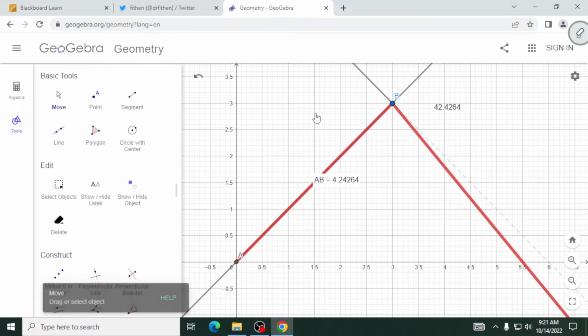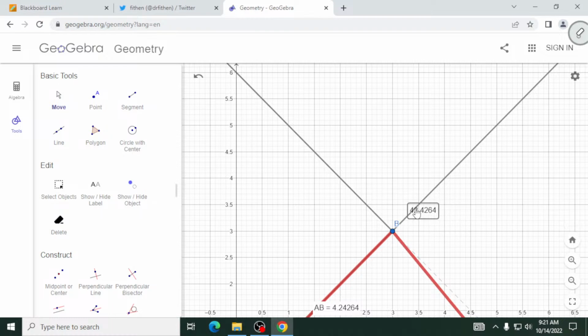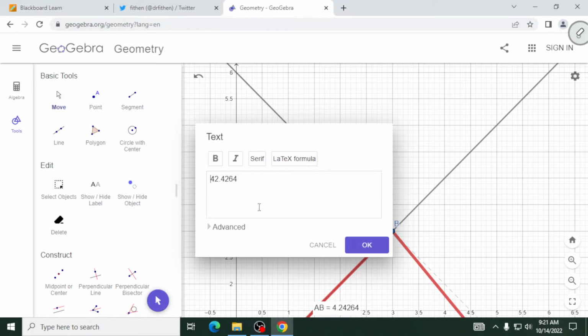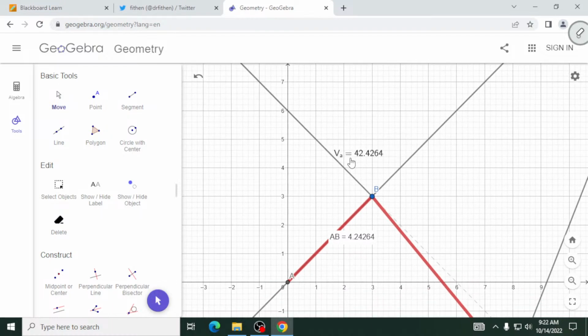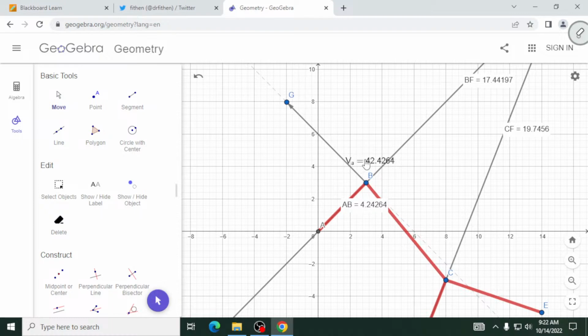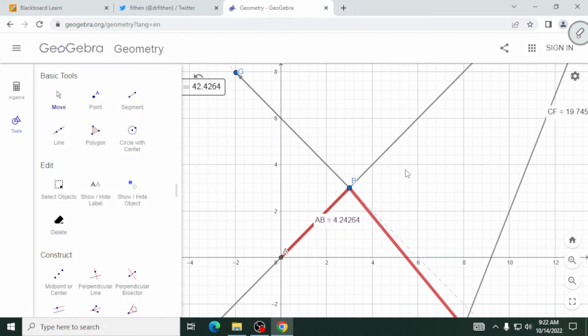I think I should be able to move it. Velocity of A, I'm going to try something. Velocity sub A equal to, and let's see what happens here. Look at that, it subscripted it. Cool. So there's your velocity.